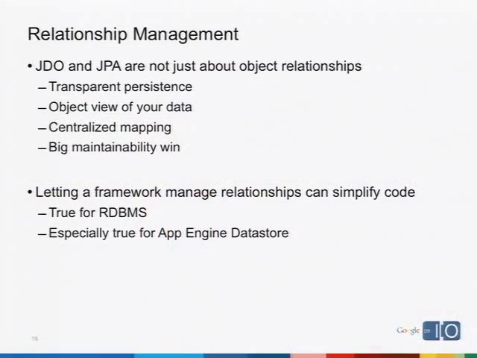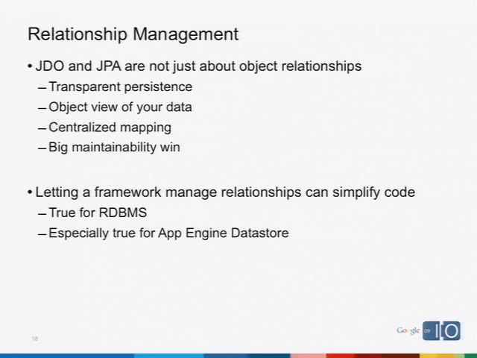Right? It's centralized either in XML metadata or in annotations on your object. That is a big maintainability win. And just using that alone, you get the soft schema, you get the familiar APIs, you get the tooling, you get the portability, and you don't even have to touch the relationship management stuff.